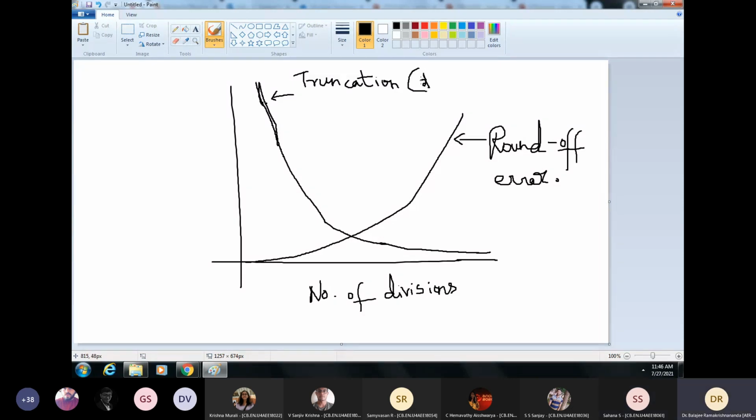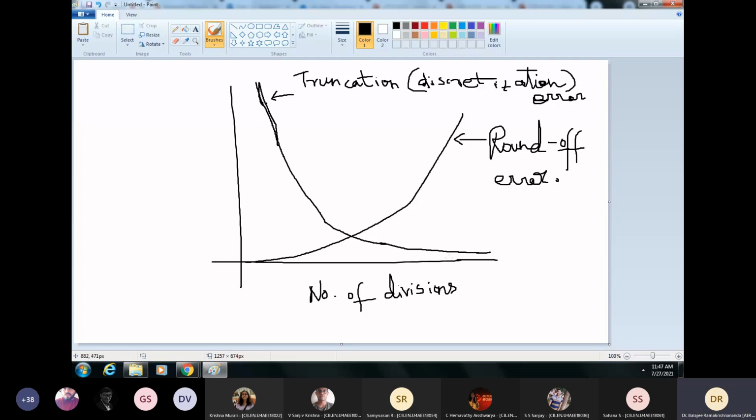Another name for this is discretization error. A very long word. So this error actually decreases with number of divisions.